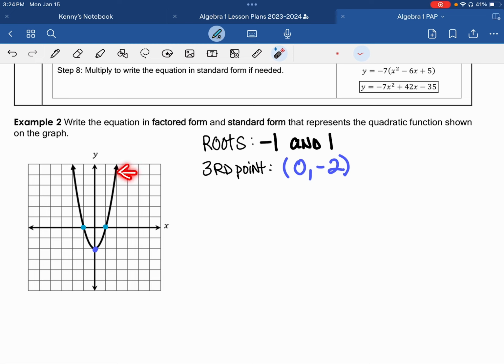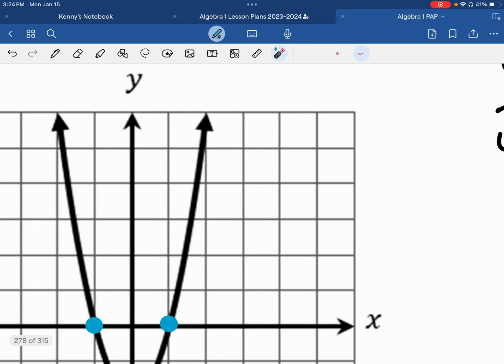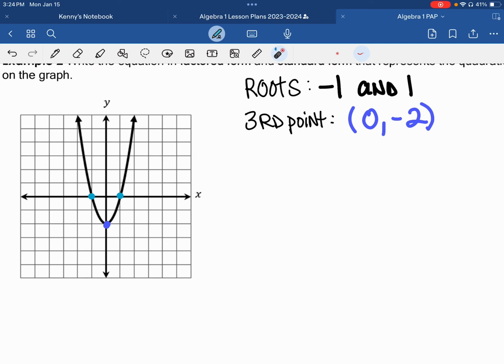This is not necessarily the best point to use because it doesn't quite look like it's on there. Let me zoom in. Yeah, no, it's not quite meeting in that corner. So I think the vertex in this case would be the best third point to use.